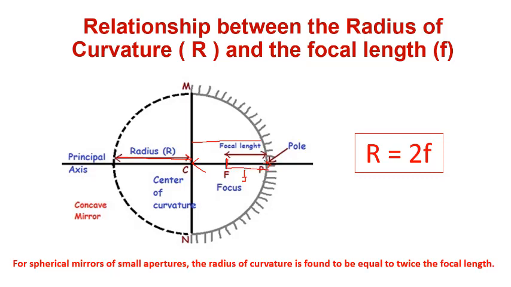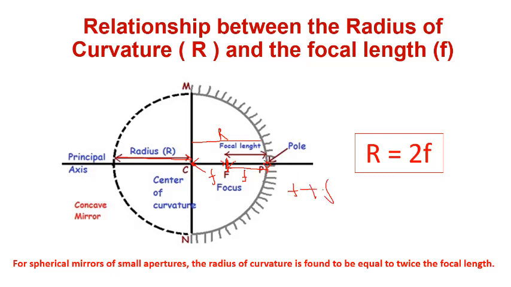This is the midpoint of CP. So similarly, from here to here it is f, and from here to here it is f. Now you see, if you add f plus f, you'll get R. The total distance is R. So 2f equals R.